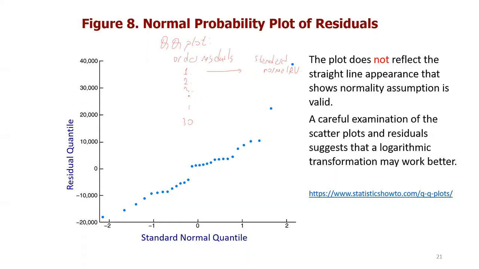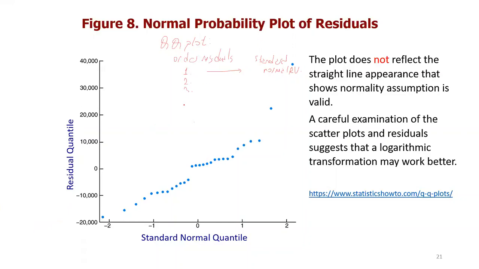Let me just give an example, not with 30, but with 9, so it would be much better. Let me just change this to pen.